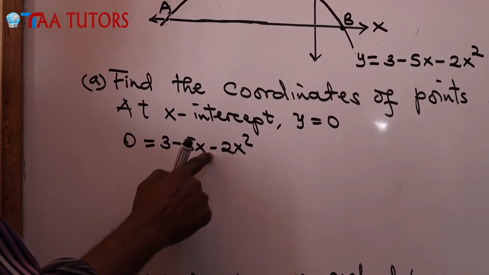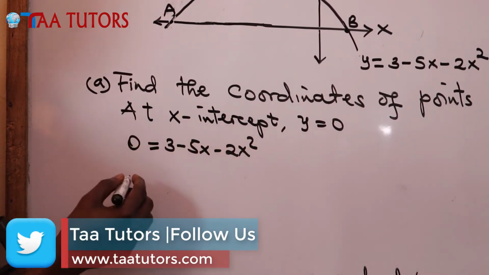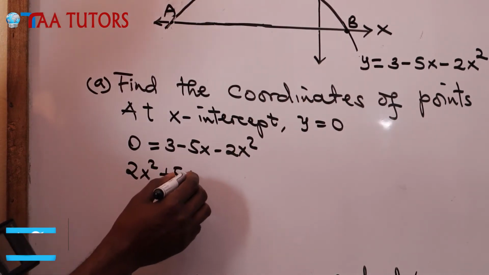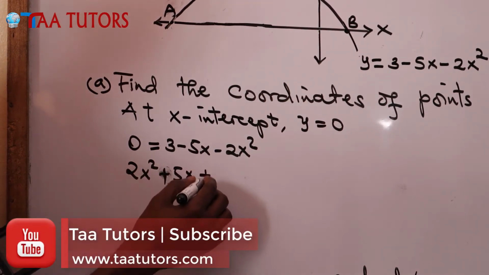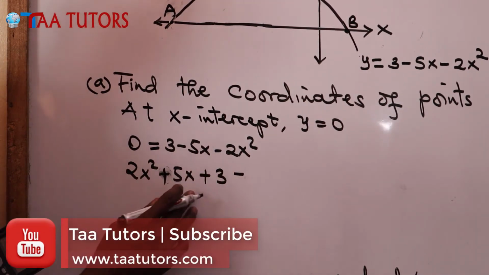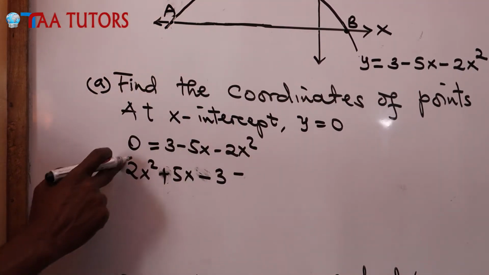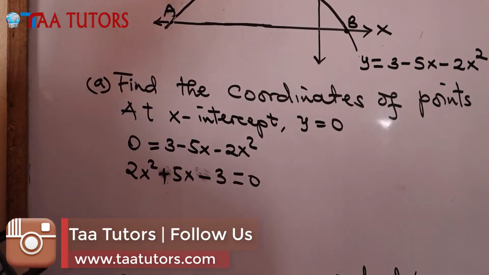But if I want to ensure that this is not negative, I'll bring it to the other side. So I'll say positive 2x squared plus 5x minus 3. If I bring this to the other side, this is positive, this is negative, equals 0.